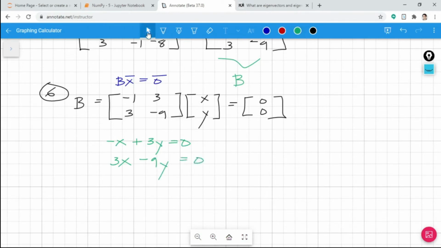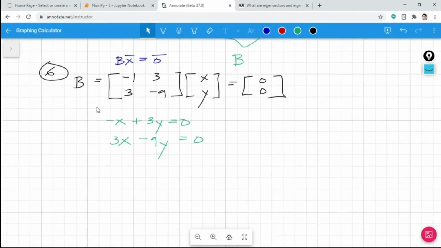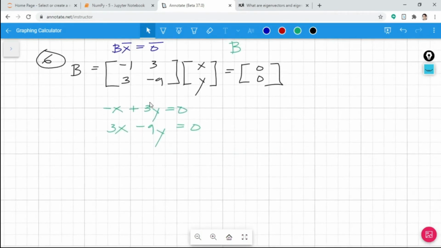Then we'll assume a specific value. So most commonly they're letting 1. Okay, so let y is equivalent to 1, then we substitute the specific value. So we choose the simpler equation. So let y equivalent to 1. So let me use the red. So negative x plus 3 times 1 is equivalent to 0.